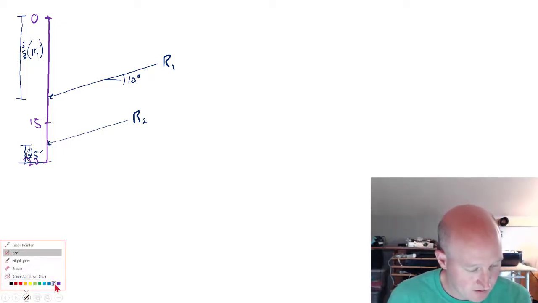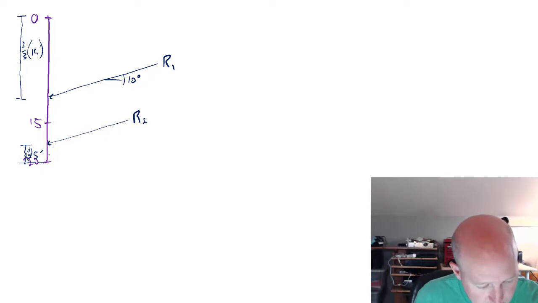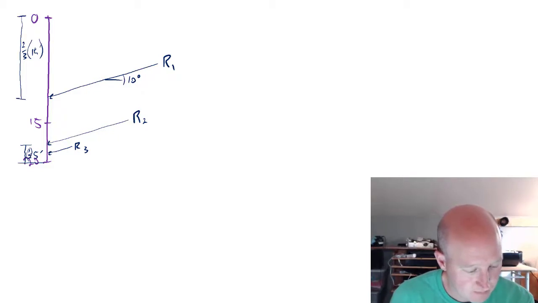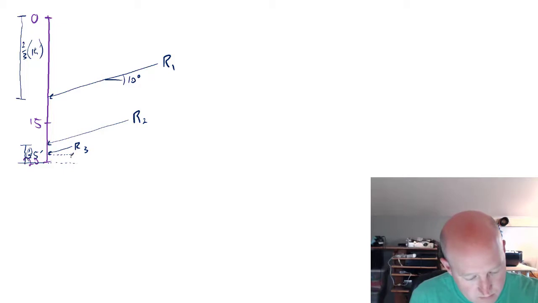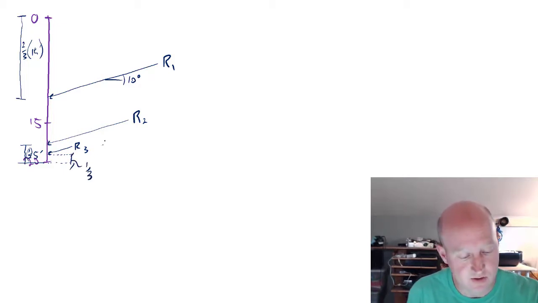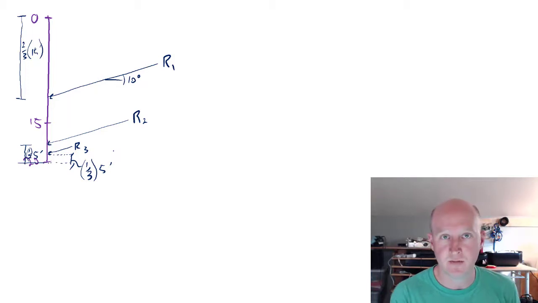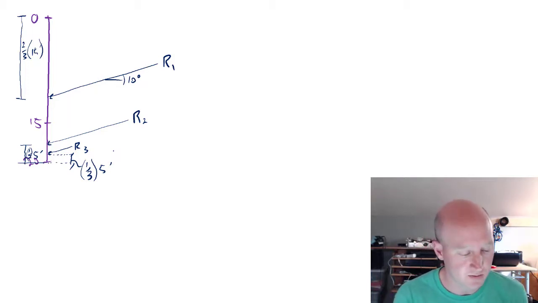And then R3, because it's a triangular shape too, it's going to be 1/3 of the way up 5 feet. So that's its moment arm that we'll need. So we'll need to use all of those moment arms.